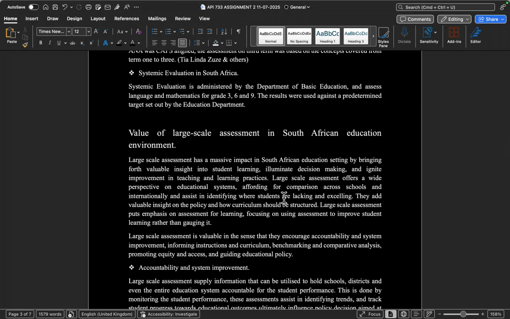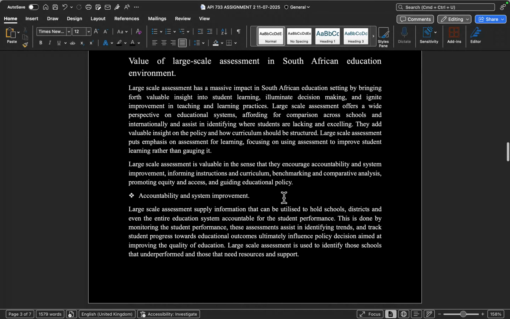Then the value of large scale assessment in the South African education environment. Large-scale assessment is valuable in the sense that it encourages accountability and system improvement, informing instruction and curriculum.